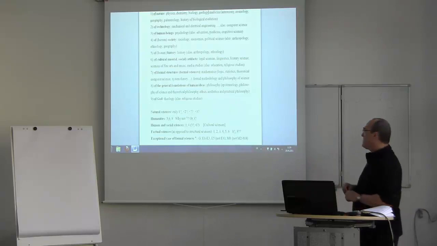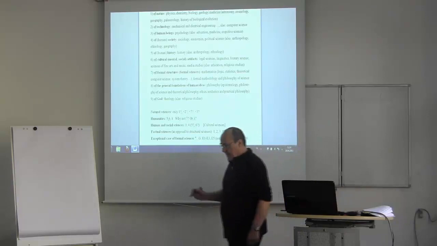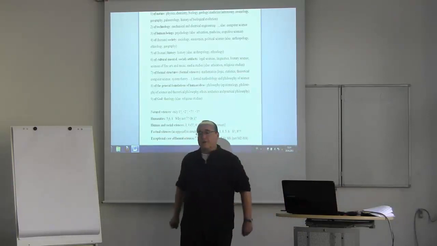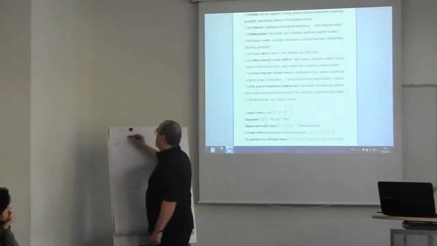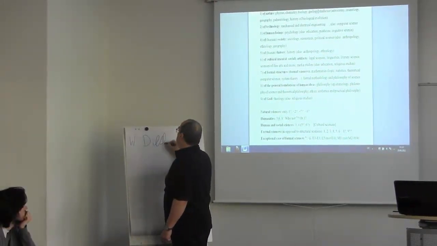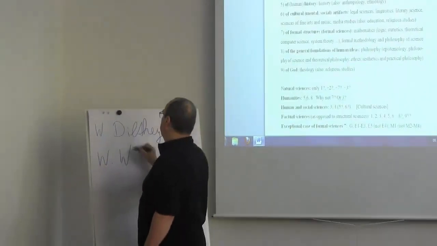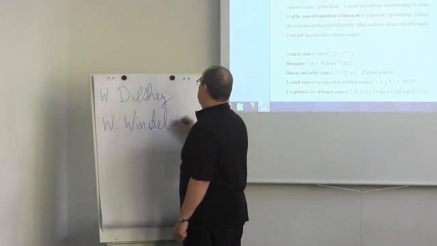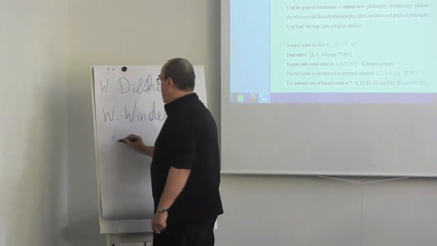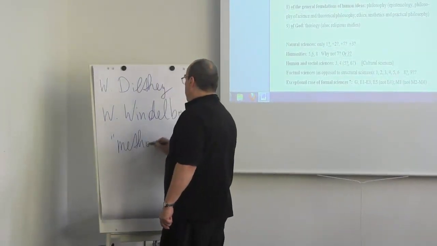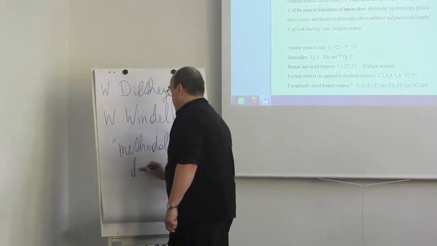It seems so. Of course, there have been counter-arguments. For instance, in the so-called philosophy of humanities, which was founded at the end of the 19th century by philosophers like Wilhelm Dilthey or Wilhelm Windelband, there was a school of so-called methodological dualism.